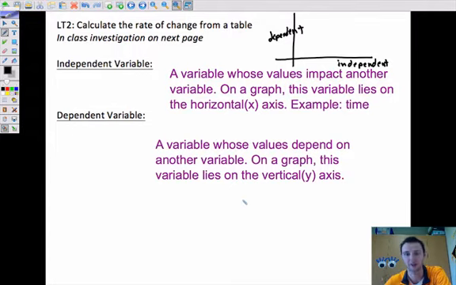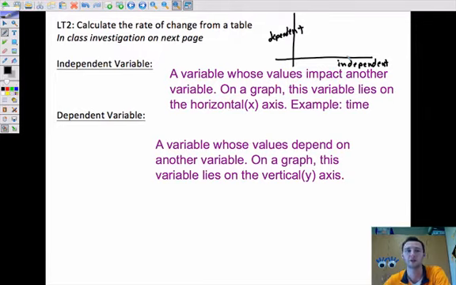So the dependent variable depends on the other one. In that case, our distance from somewhere depended on time. As time went on, we got closer and closer to the finish line, or closer and closer to class. In a scientific sense, the dependent variable can be the thing that you're trying to measure.